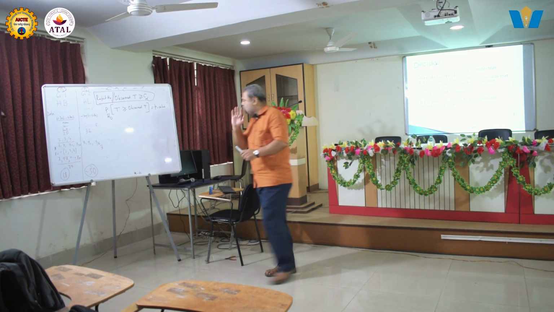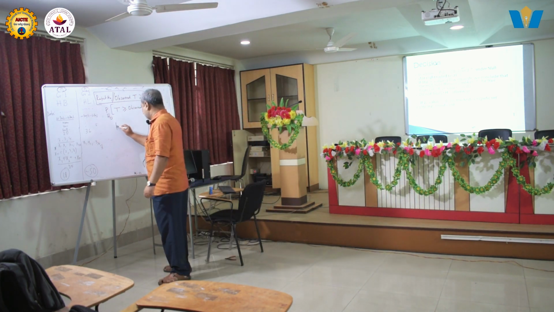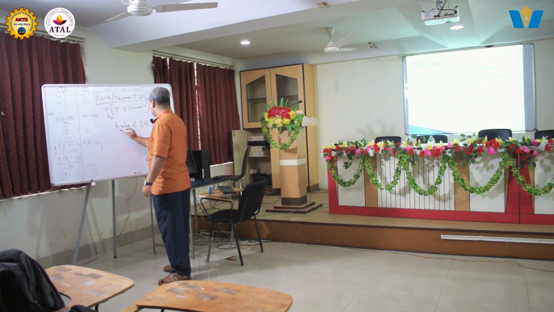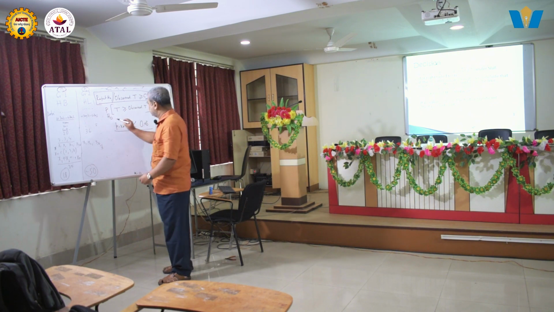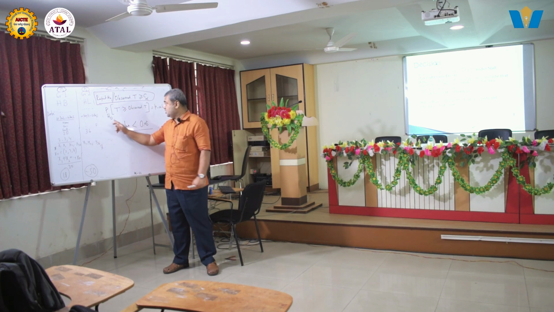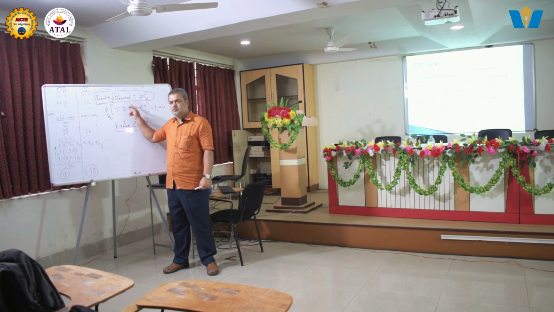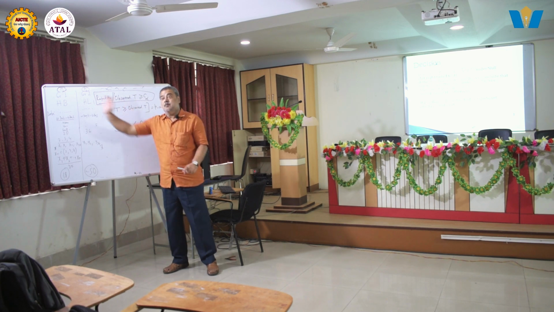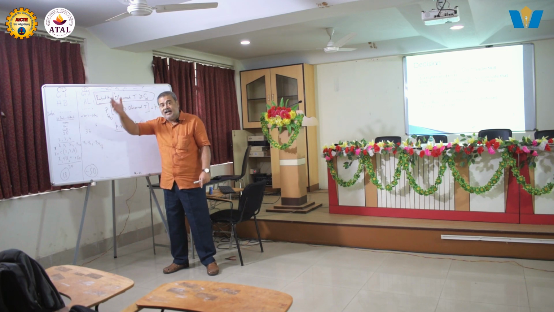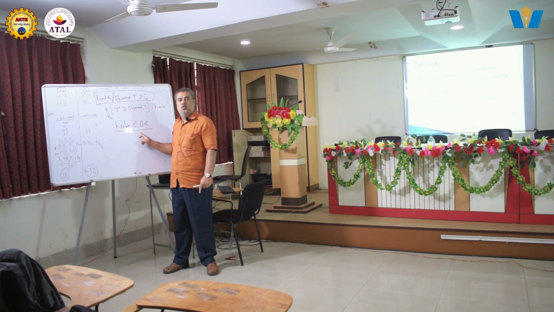Let me explain it again. P-value less than 0.05: what is the meaning of this? Suppose H0 is true and you have this observed value. The chance of getting this observed value and more extreme is very low.